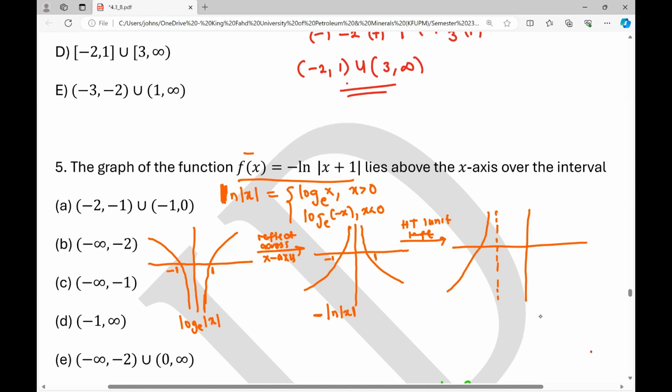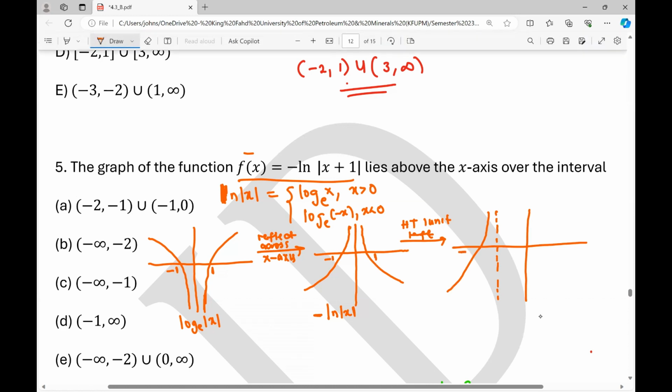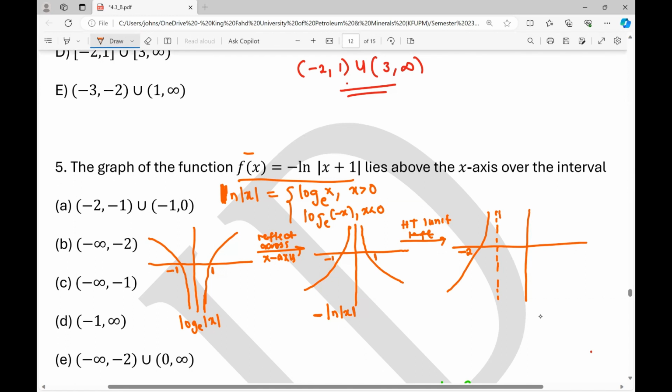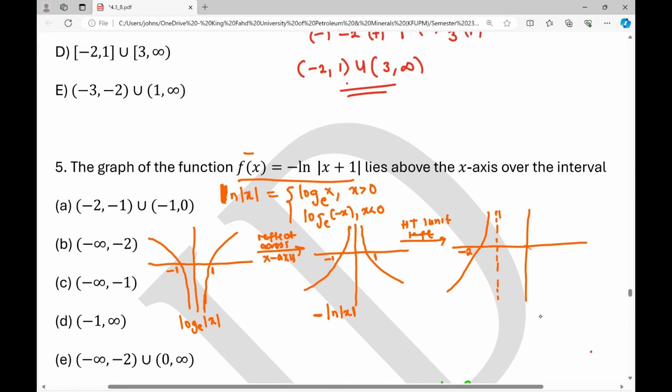So we will have something like this. So here now is going to be -2 because we're moving 1 unit left, right? And here used to be 1. So when you move it 1 unit left, it means it's going to cross at 0. So this also is going to cross like this. Let's move this a little bit closer.